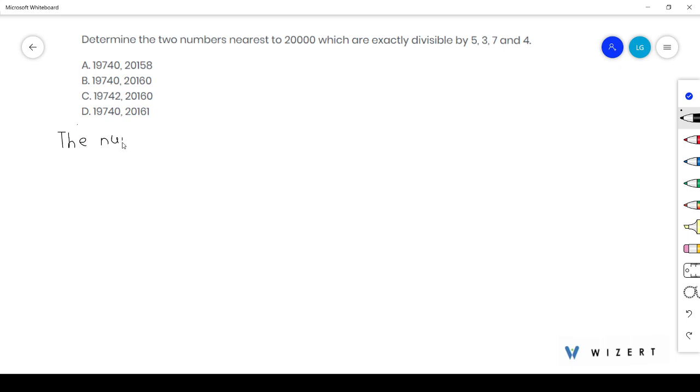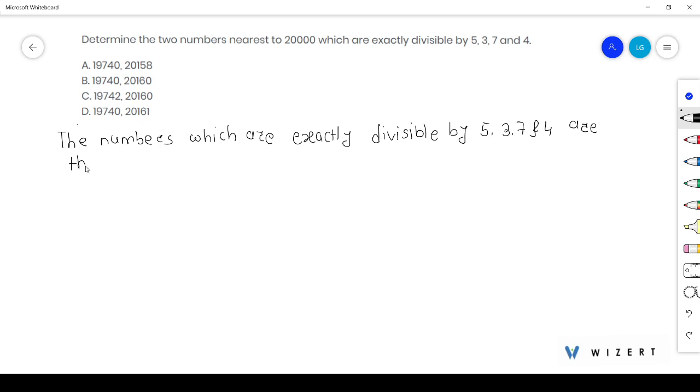Now, the numbers which are exactly divisible by 5, 3, 7 and 4 are the multiples of the least common multiple of the given numbers.